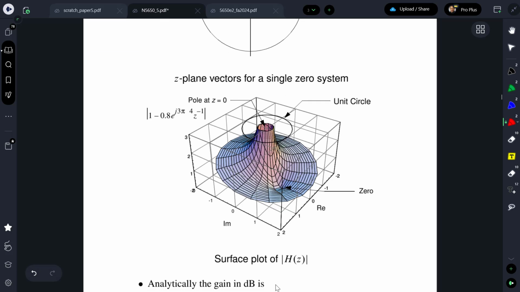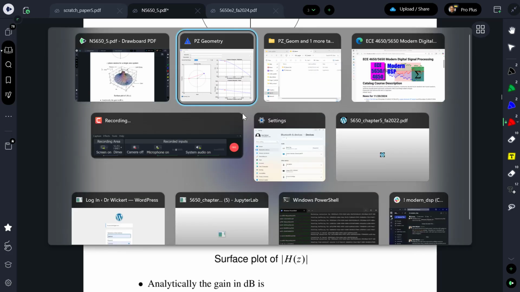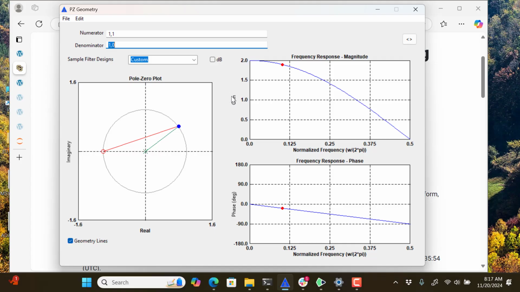And if I was to go back to my application right here, in this case, we can get the exact value of the magnitude response, because if we look at what's going on, if the zero's over here and the pole, and the j omega point is right here, what is the distance?